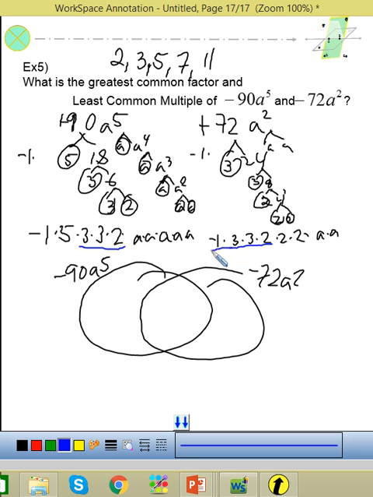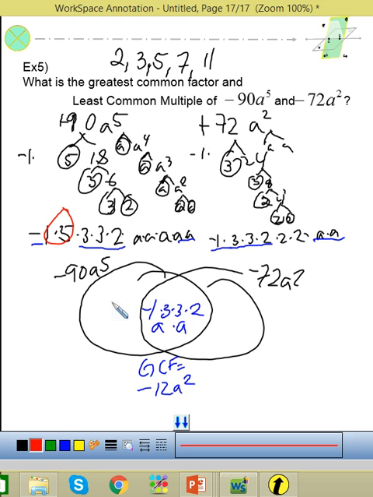How about that negative? And the negative, 2 A's. So it's -1 times 3 times 3 times 2. And then A times A. So my GCF is what? -12A squared. Okay?